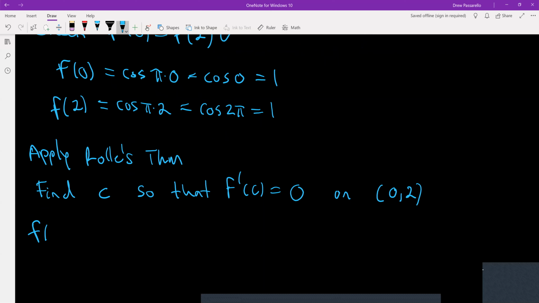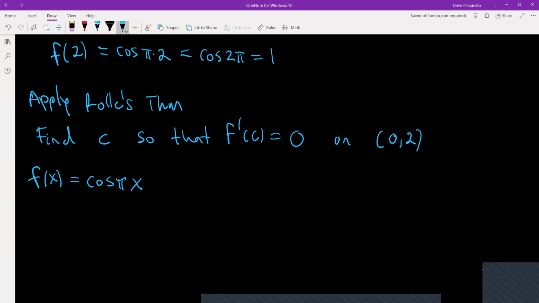All right, so f of x is cosine pi x. And by chain rule, it would turn into negative sine times the derivative of the inside function.